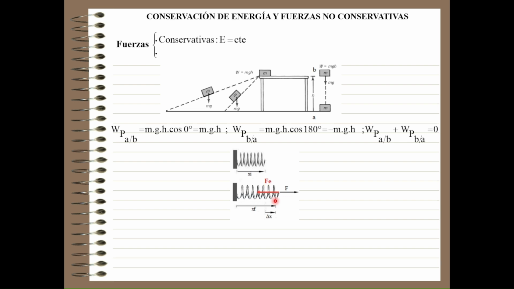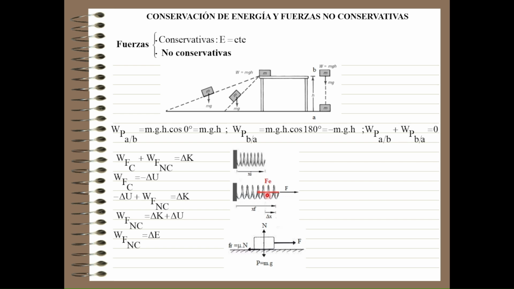But what happens if non-conservative forces also act? For example, friction or viscous drag forces. By the work-energy theorem, we know that the work is equal to the change in kinetic energy. Here, the equality appears: the work of conservative forces plus the work of non-conservative forces.